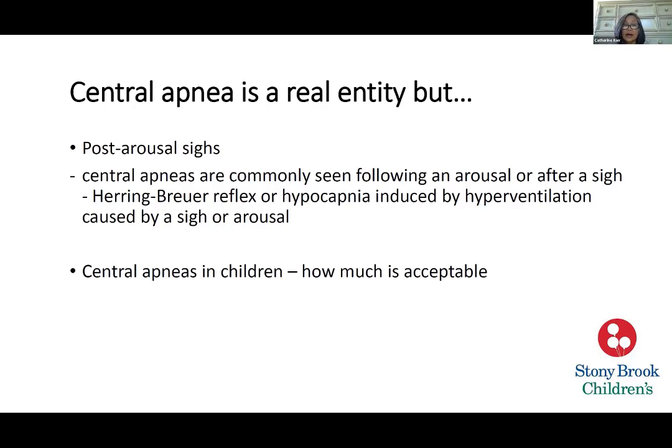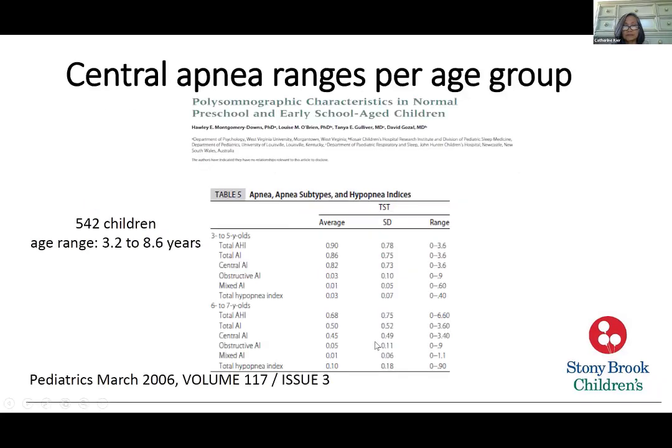You know that there are stretch receptors on our bronchi, so that it avoids overinflation of the lung. So you have to be careful when you score your post-arousal sighs and not work up these children for central apnea etiologies. Now, on normal, healthy children, how much central apnea is acceptable?